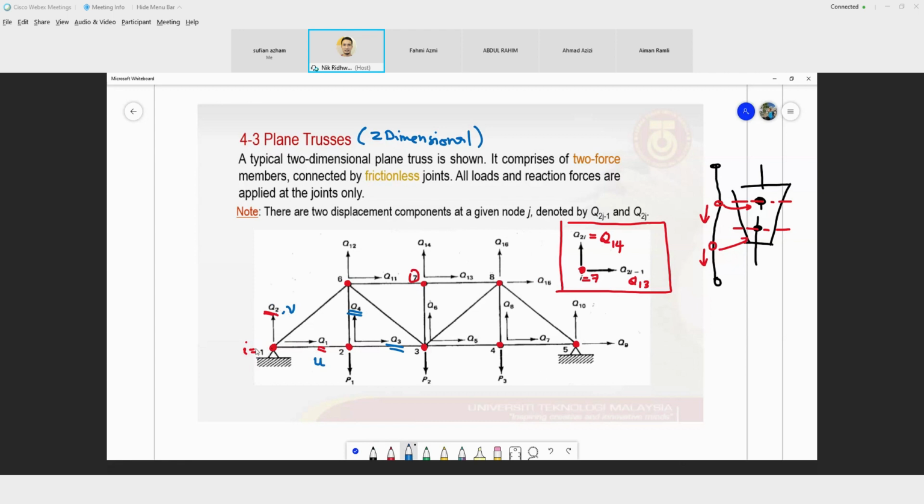Okay, so when we are at node number 1, then kita boleh tulis U1 and V1. Lagi senang kan? So pada node number 2, instead of kita tulis Q, kita boleh pakai U2 dengan V2. Dekat node number 3, kita pakai U3 dengan V3. So kita lebih jelas kan? Oh, ni berlaku pada node number 2. Displacement in X adalah U, displacement in Y adalah V.